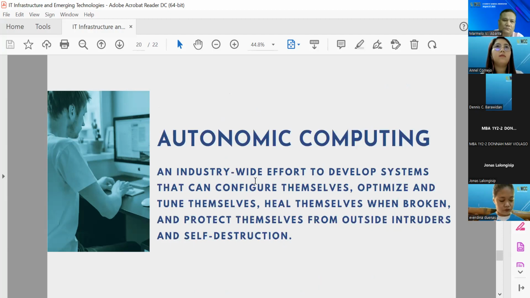And then, isa sa mga trends din, hardware trend, is the autonomic computing. What is autonomic computing? It is an industry-wide effort to develop systems that can configure themselves, optimize and tune themselves, heal themselves when broken, and protect themselves from outside intruders and self-destruction.